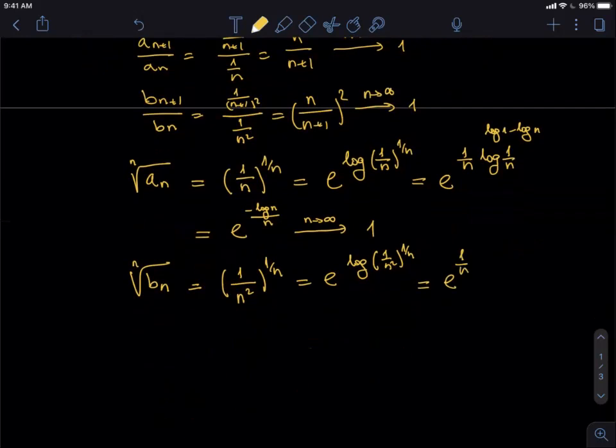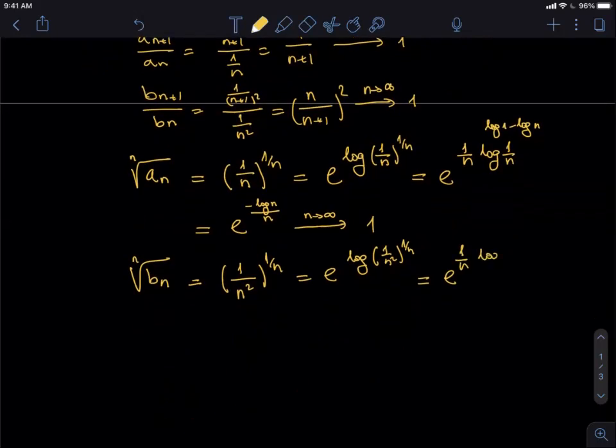So the exponential of 1 over n times the logarithm of 1 over n squared, this is n to the negative 2. So we can just write the exponential of negative 2 log n over n. And we see the same limit as before, log n over n goes to 0 as n tends to infinity. So again, we get 1.